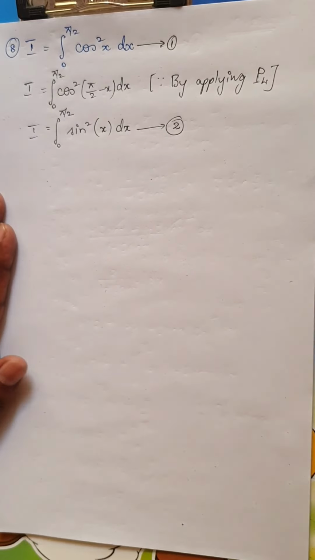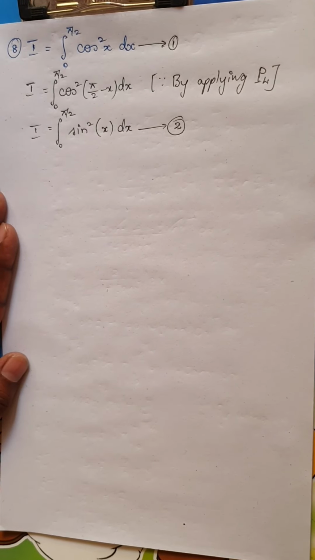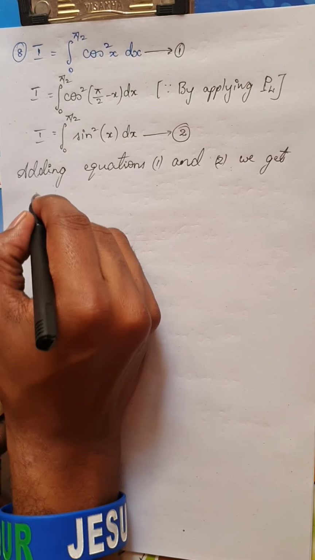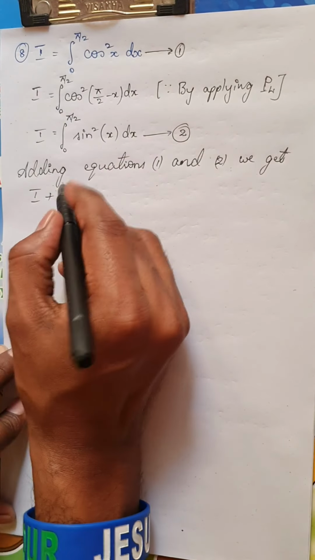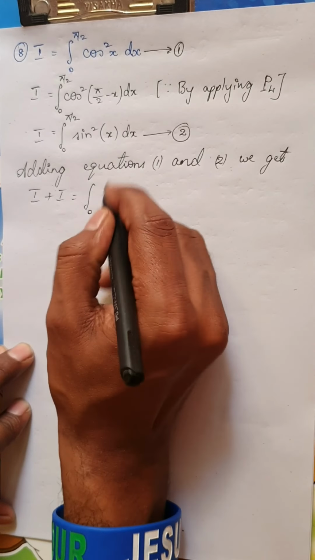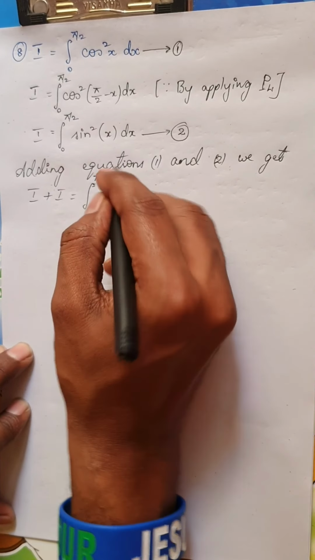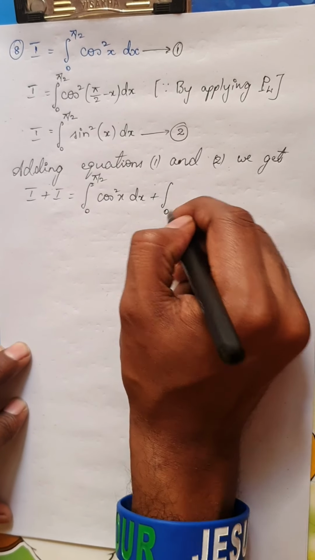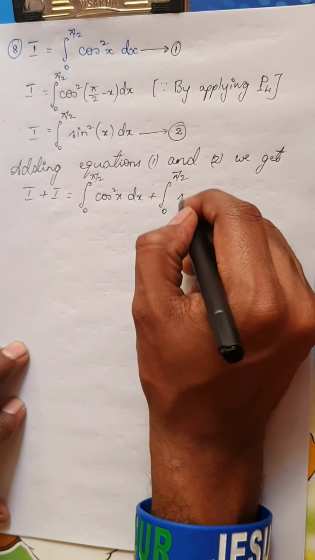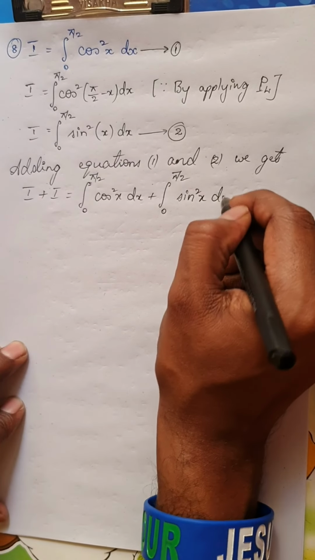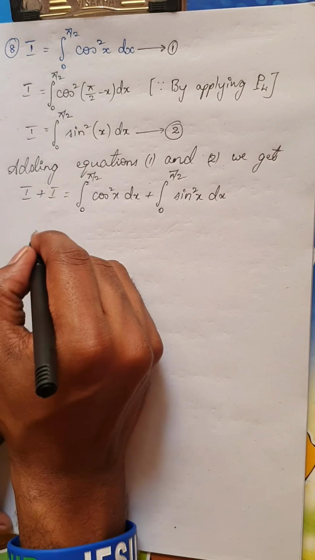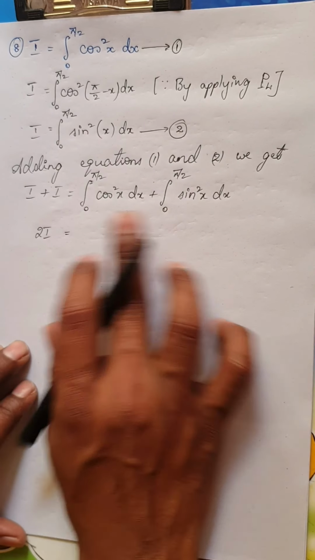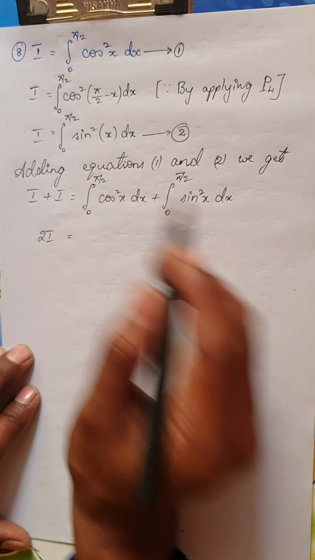Now I have got two equations, so as usual, adding equations 1 and 2, we get the left hand side I plus I, that is nothing but integral from 0 to pi by 2 cos square x dx plus the second integral 0 to pi by 2 sin square x dx. Now I plus I is 2I. Remember you can add the functions only if the integrals are between the same limits.